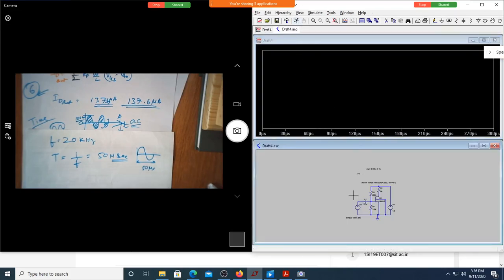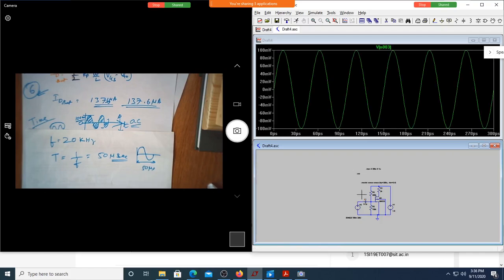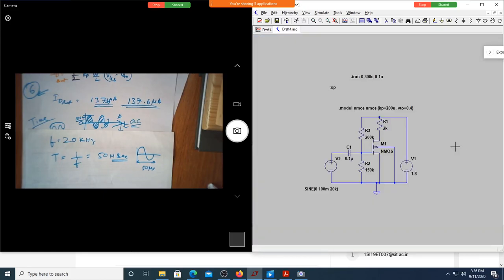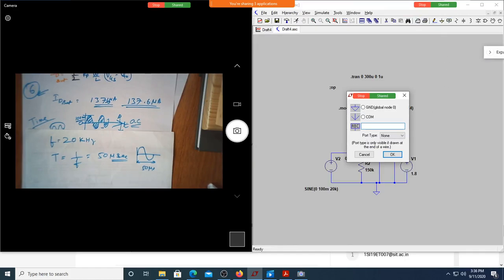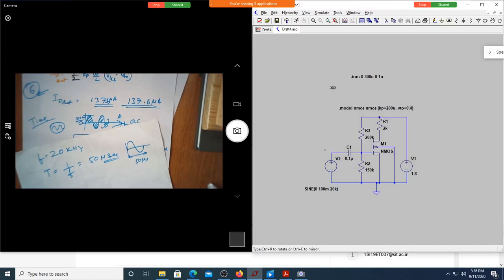We will run and see the input. Can you see? Since we have not named this, N003 is coming. So shall we name it as input, so that we can understand what it is? Let me say this is input and the other one is output. Output is taken at the drain side.